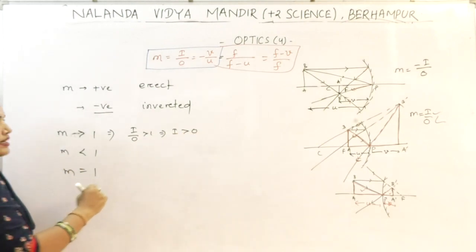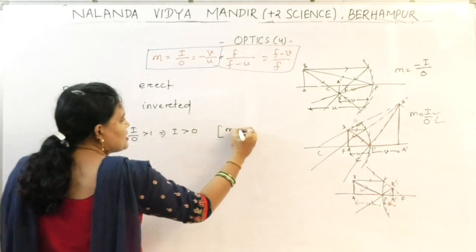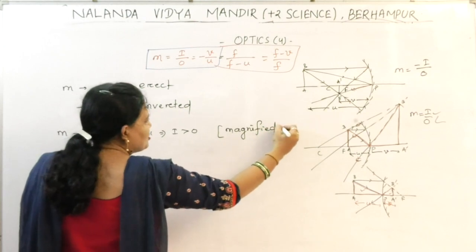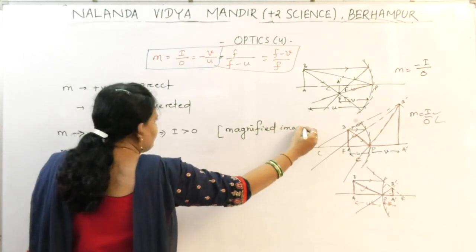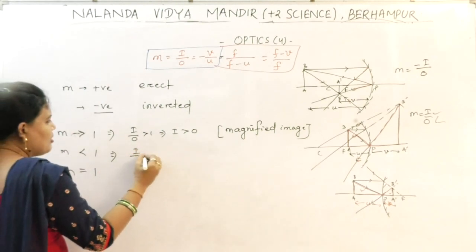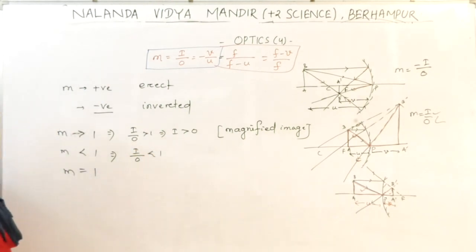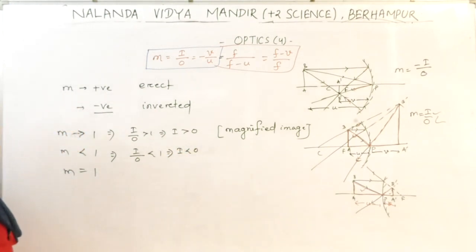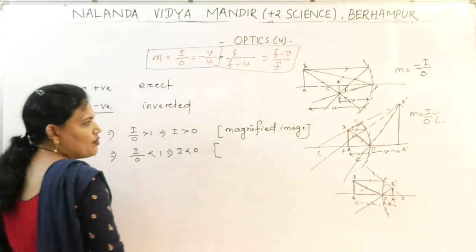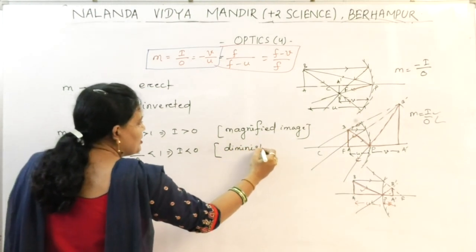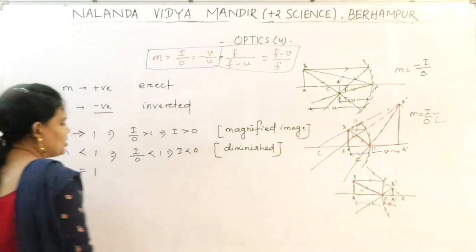If the image is greater than the object, then we say it is a magnified image or enlarged image. If M is less than 1, then I by O is less than 1. That implies I is less than O. So if I is less than O, then the image is diminished, smaller in size than the object.